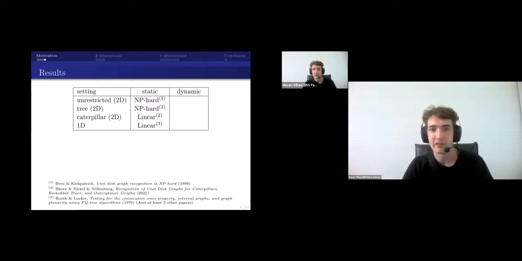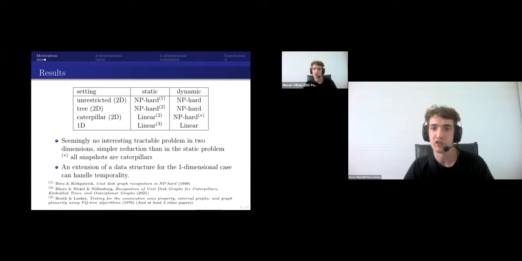And what we've shown is that only one of these two results translates well to the temporal setting. We have not managed to find any reasonable restrictions that make the problem tractable in two dimensions, but we provide an efficient algorithm for the one-dimensional case.